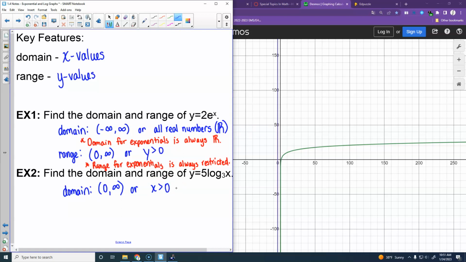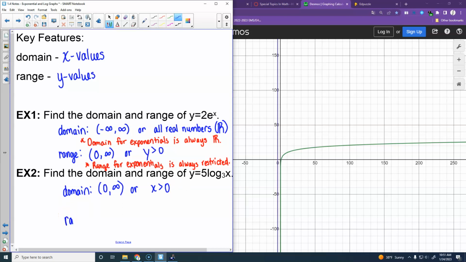As far as notation goes, I don't care which one you give me, the 0 to infinity or the x is greater than 0, but you need to understand both. Because on the same assignment, I may have some multiple choice where I've used interval notation, and others where I have used inequality notation. So at this point, I just need you to be fluent with both so you understand them both. I like interval better. I think it's easier to use. But we'll need to know how to do both.